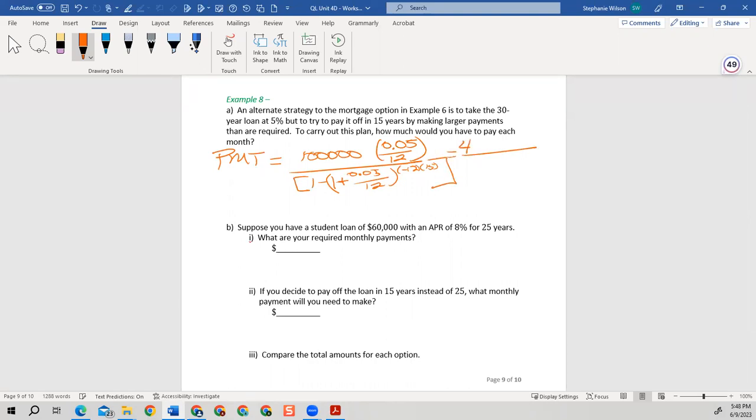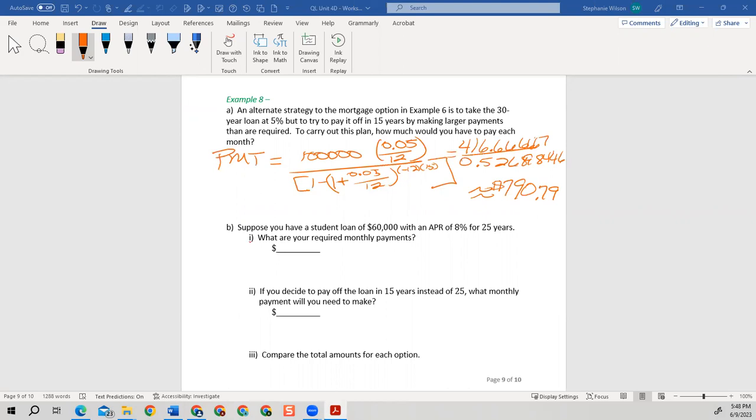I get that repeating decimal. Sorry, got a little sloppy there. And then our denominator, round to the nearest hundredth, $790.79. So you really don't have to pay exactly double, but increasing your amount sure helps you get out from under it a lot faster.